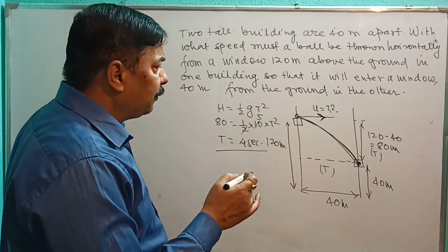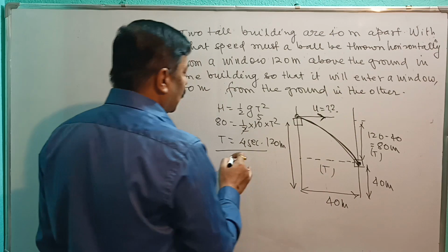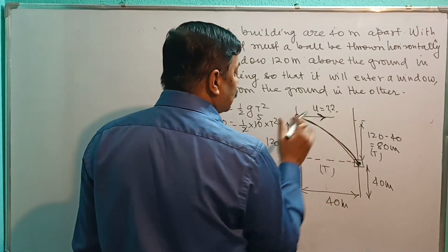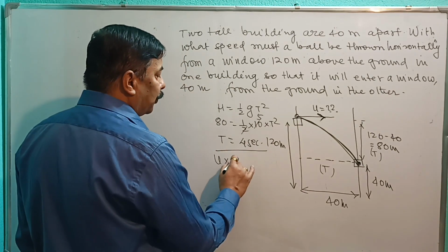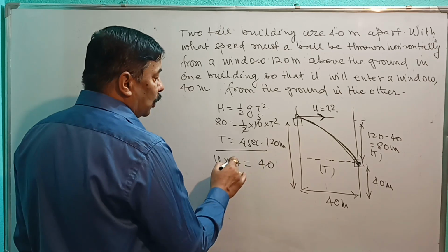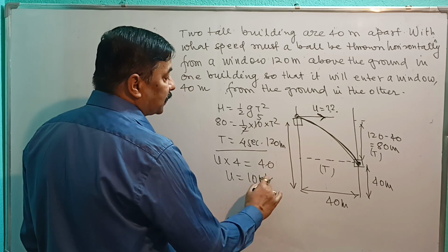So if we consider the horizontal velocity, this horizontal velocity into time must give this distance. Horizontal velocity is constant. So what we are getting, u into 4 must be equals to 40. So you are getting 10 meter per second.